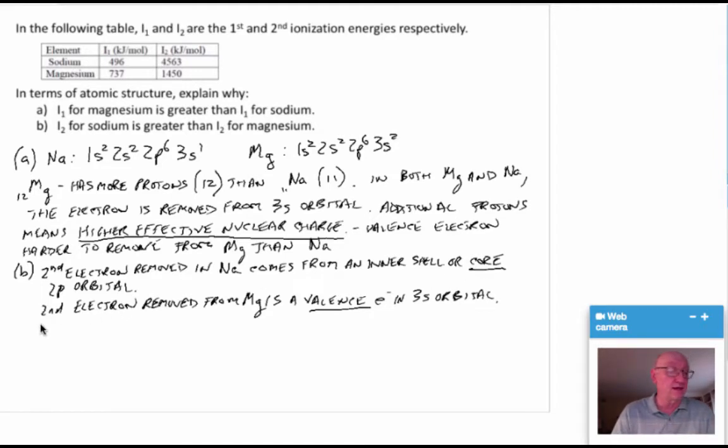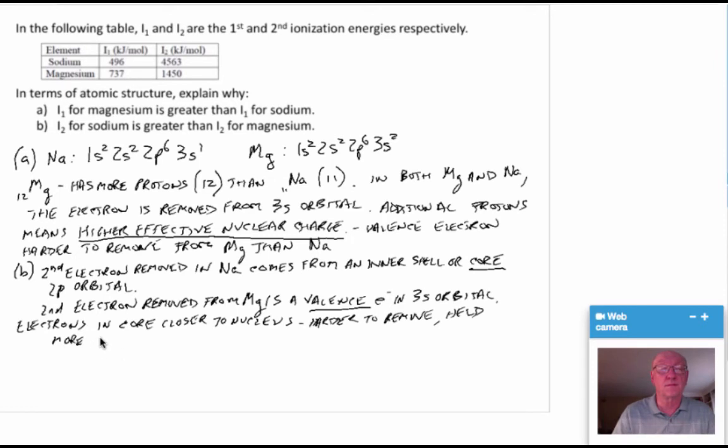So electrons in the core are closer to the nucleus, and then in that case, they are harder to remove and they're held more tightly than the valence electrons.